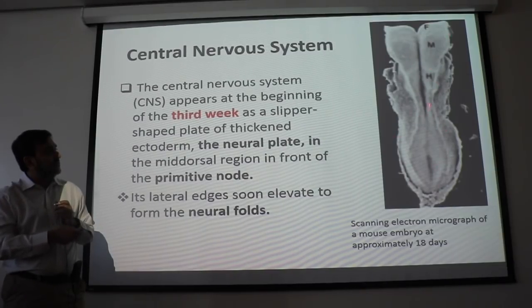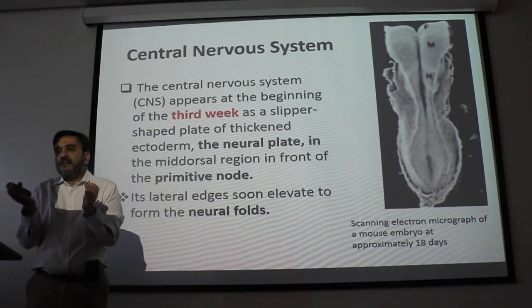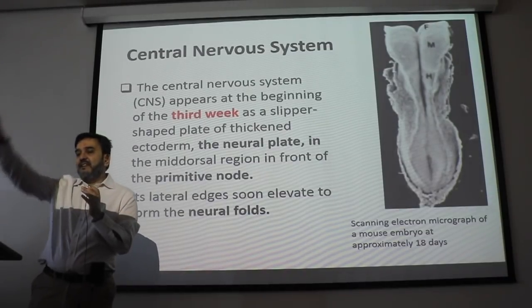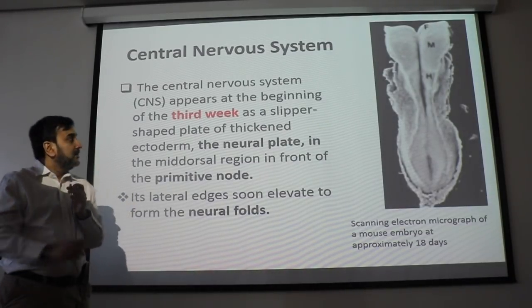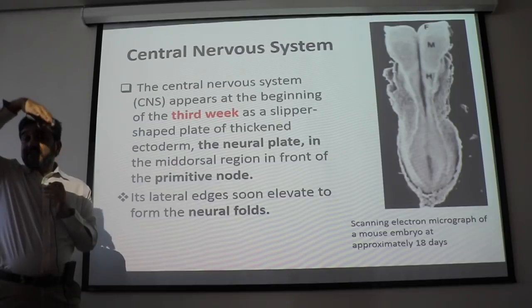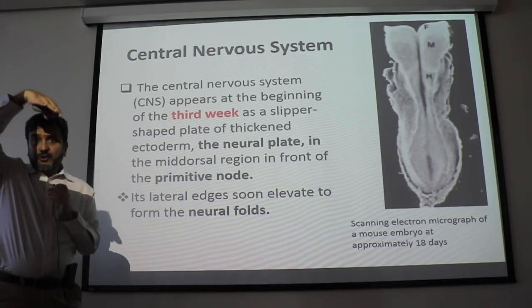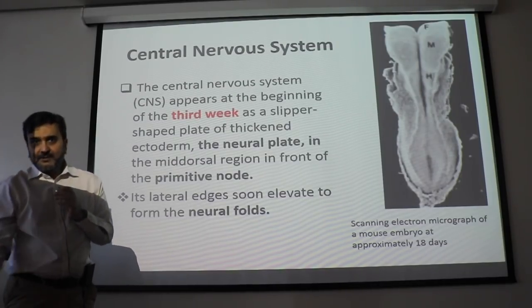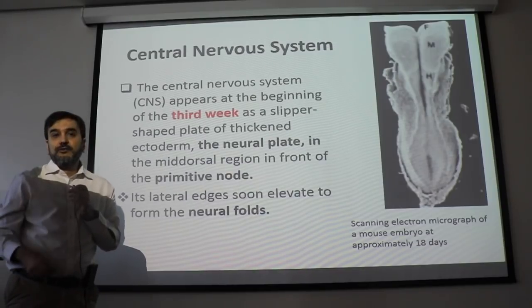Can you make out this? A slipper-shaped ectoderm. This is the surface ectoderm, which is looking like a slipper. You have taken the amnion out. You're looking at the embryo from the top. So you have taken the amniotic cavity out and you're looking at it from the top.